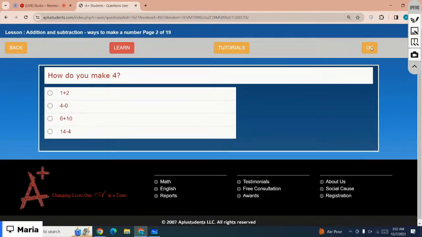Okay, how do you make 4? Which option makes 4?